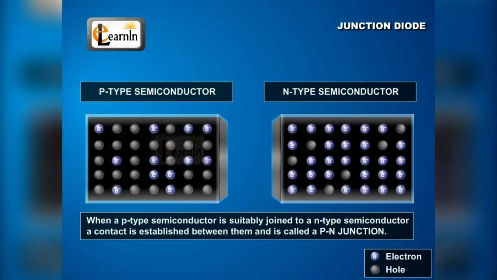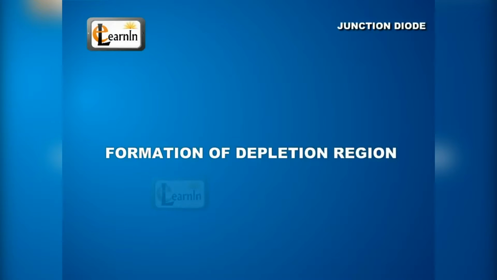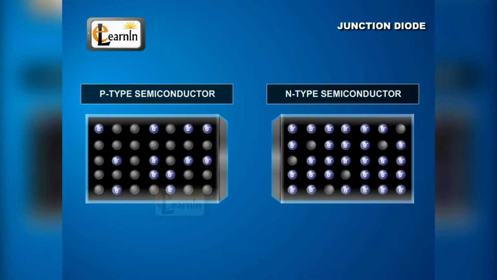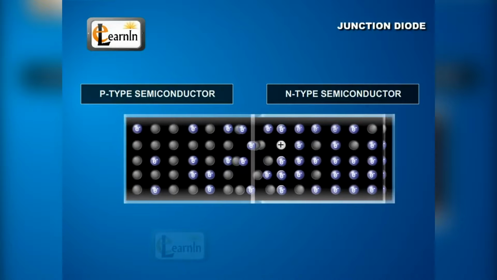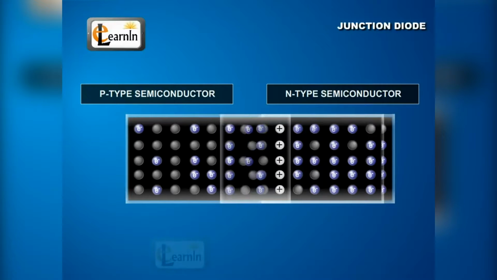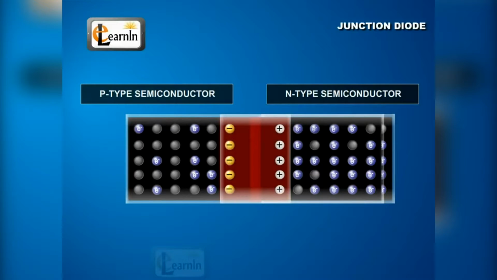When a p-type semiconductor is suitably joined to an n-type semiconductor, a contact is established between them and is called a PN junction. Formation of depletion region. The PN junction formed out of the p-type and n-type semiconductor separates p-type semiconductors from the n-type semiconductors. However, because of the contact, some of the electrons from the n side enter the p side.